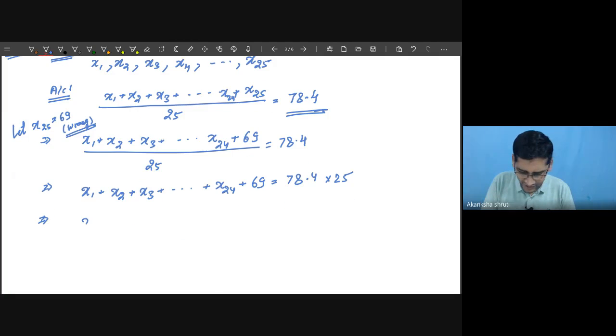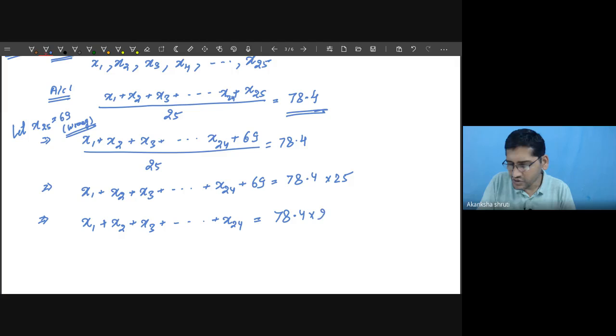Or here, simply you can get x1 plus x2 plus x3, whatever these unknown data are, that I have just collected in one place, is equal to 78.4 into 25 minus 69. It will come on this side. Take this as equation 1.